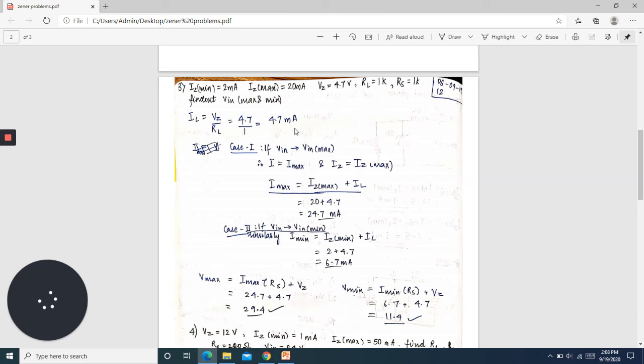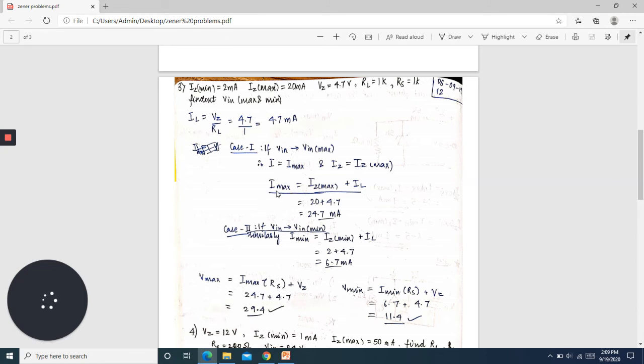Now considering Vin to be at its maximum value, we need to take into consideration the Iz maximum value, because IL is consuming a fixed current, so we are not bothering much about the load current. Just for understanding, when Vin is maximum, Iz will be maximum.